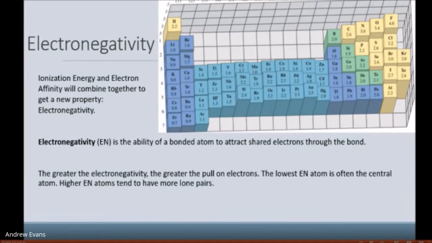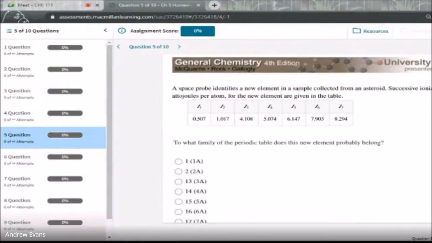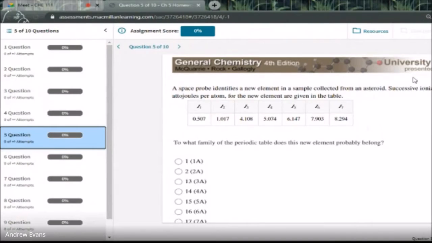But okay, I gotta switch over real quick. So right here on this problem, a space probe identifies a new element in a sample collected from an asteroid.